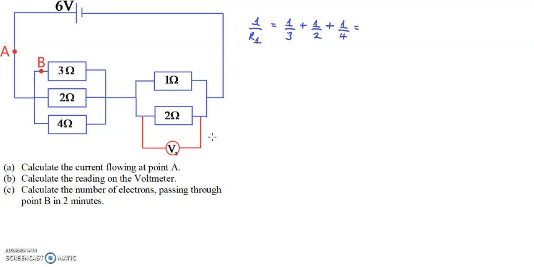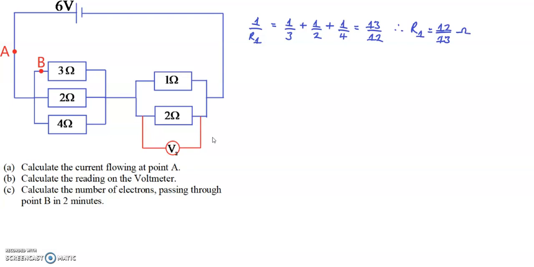And this gives 13 over 12. Therefore, the equivalent single resistance of the three resistors in parallel is the reciprocal of 13 over 12. So R1 equals 12 over 13 ohms.